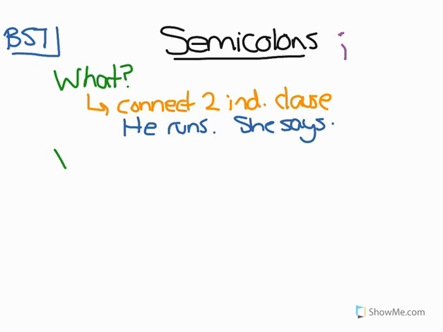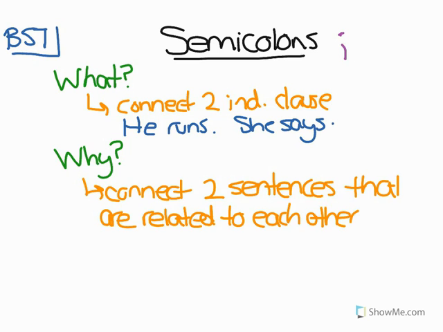And why use a semicolon instead of just separating the independent clauses as we normally do? Well, semicolons are nice to connect two sentences that are related to each other. So let's take a look at an example.